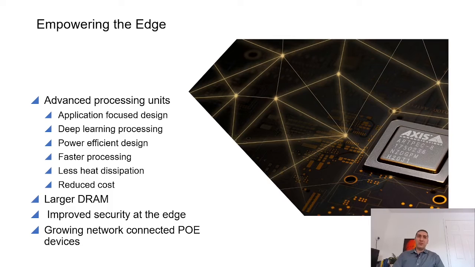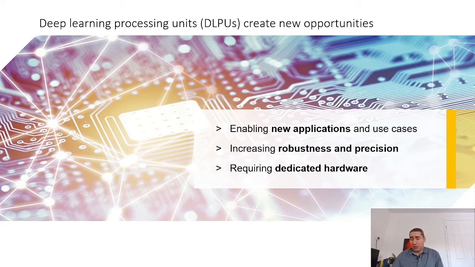And of course, we have a growing number of PoE devices that are available for AI and to run on the edge. So every edge device now has processing power, and can be an IoT device running AI.